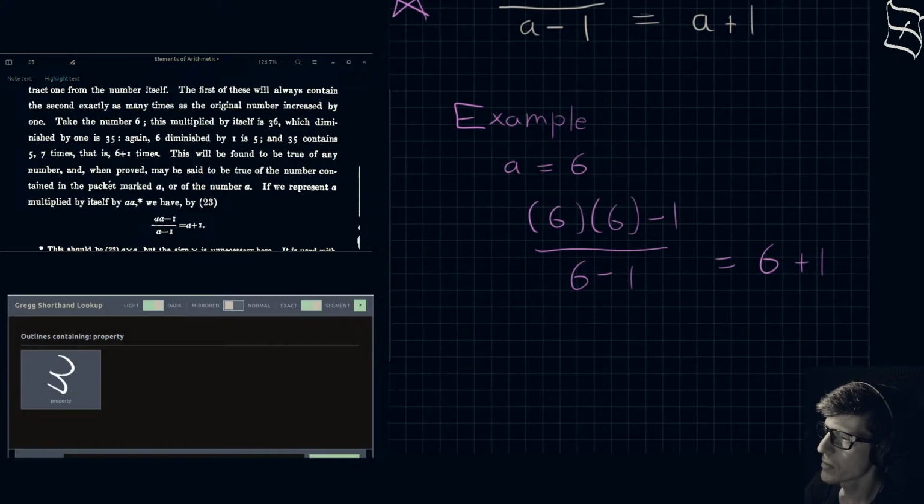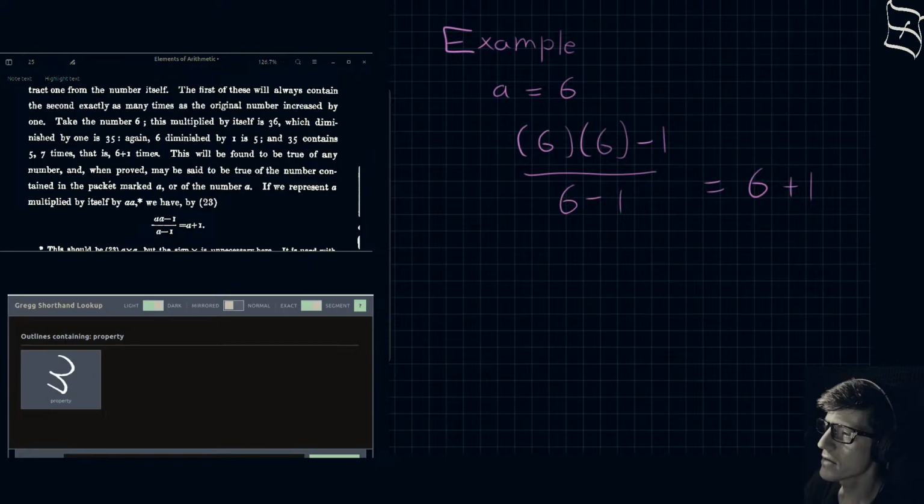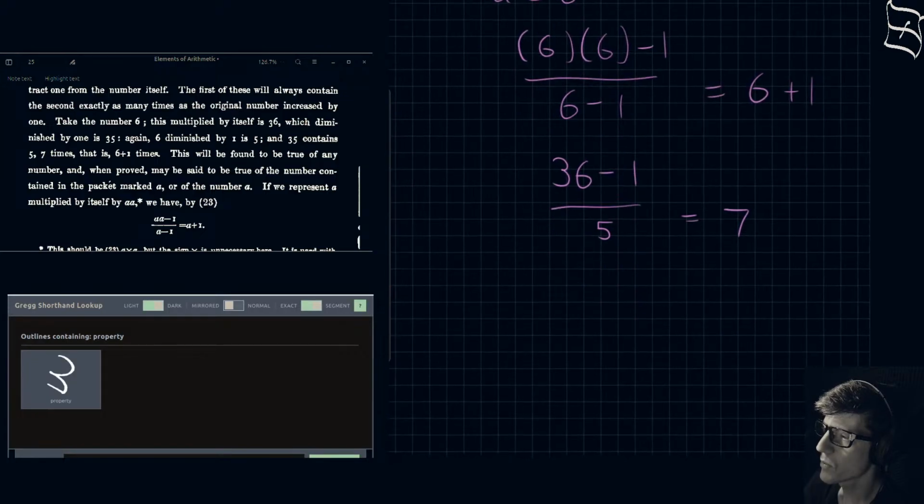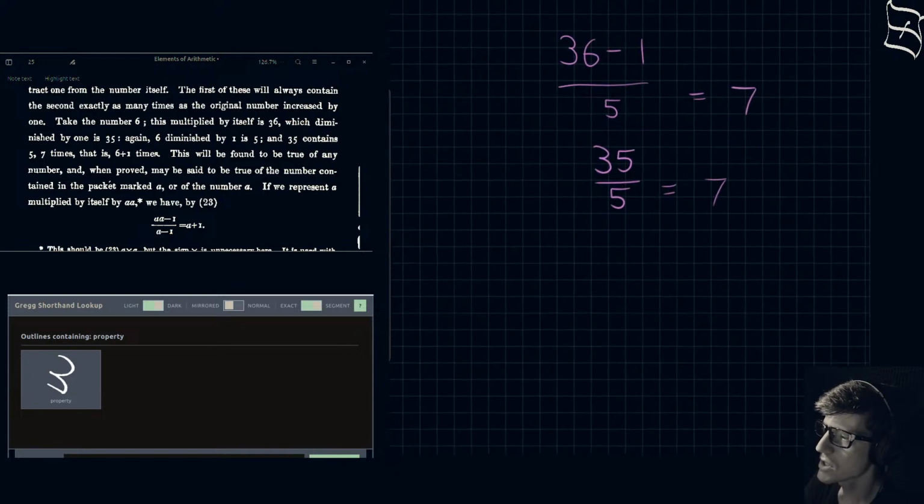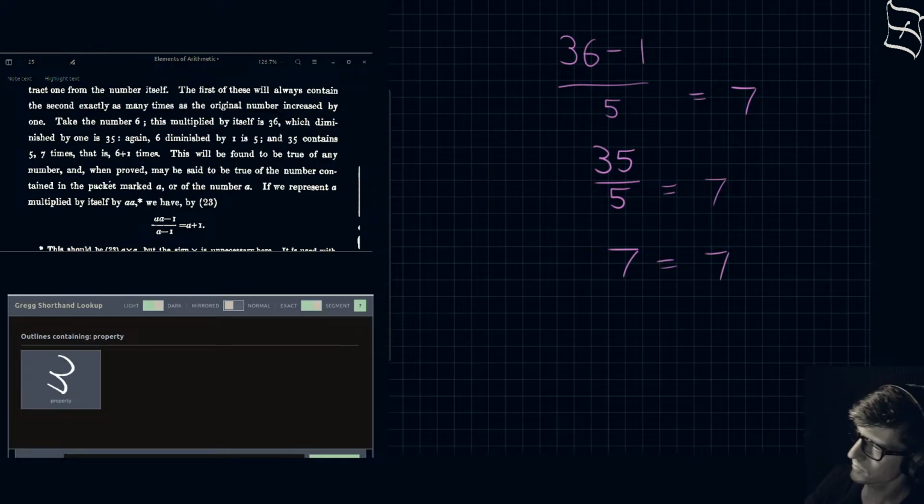Remember, anytime we have a, we put a 6 in its place. So if we fill this out, we end up with 36 minus 1 all over 5, and then we have 7. So then we end up with 35 over 5 equal to 7, which is 7 equal to 7. As you see, that works itself out, okay?